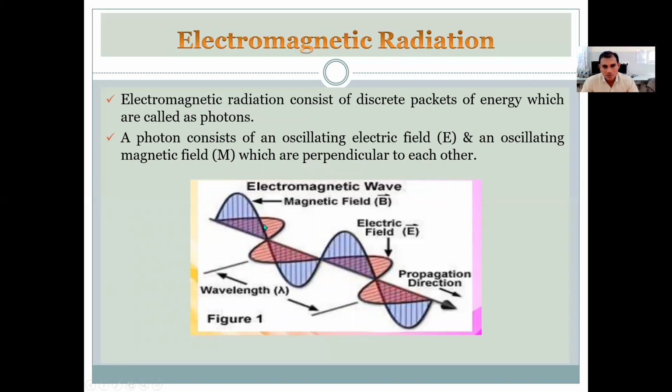Electromagnetic radiation goes this way, that is the magnetic field, and some radiation goes this way in red circles, that is the electric field. Both fields are generated and the radiation goes in the plane perpendicular to the propagation of light.